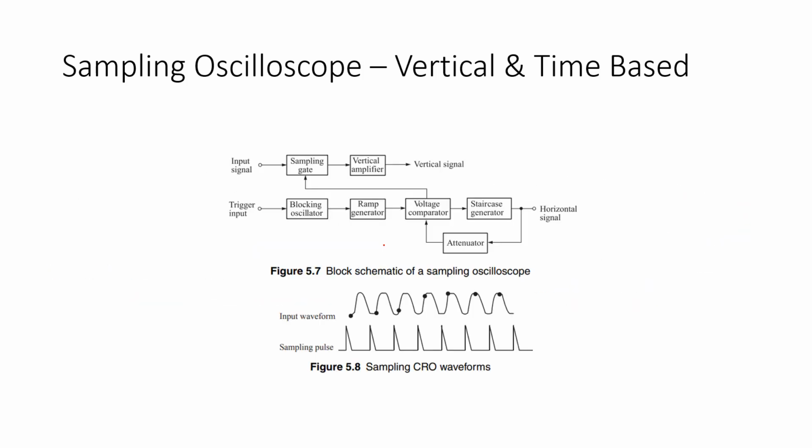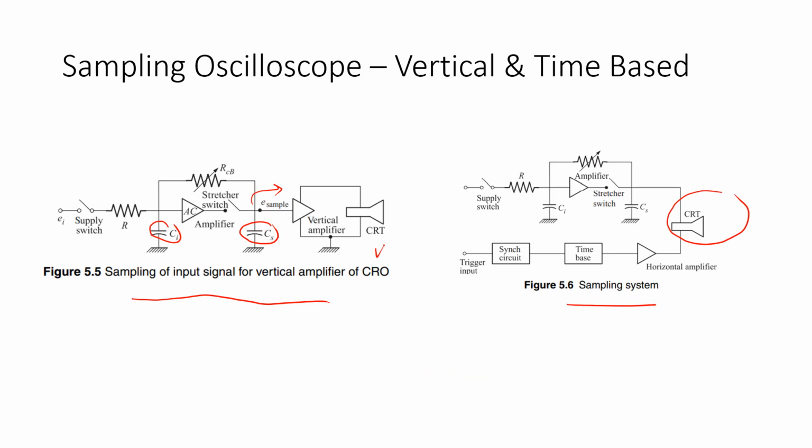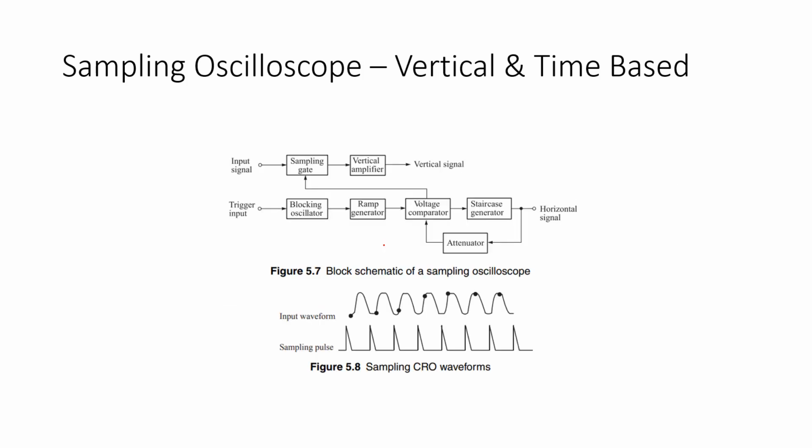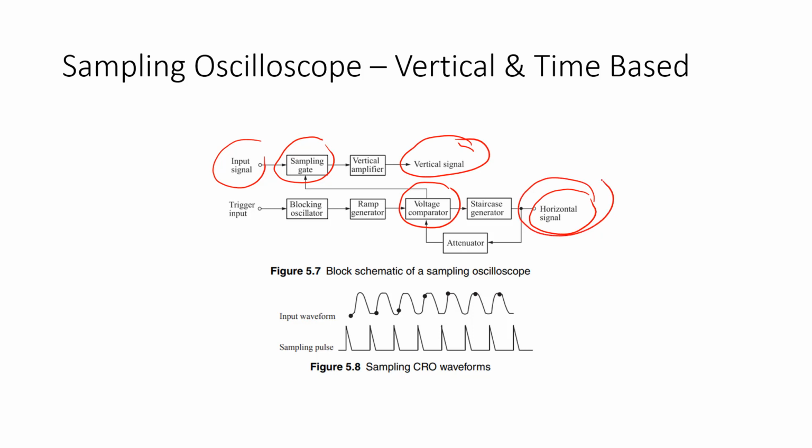If we combine the sampling circuit in the vertical amplifier and also the horizontal amplifier, it will be like this one. We have the input signal here, and this is the sampling gate, and this is for the horizontal amplifier using a similar sampling gate and voltage comparator. Then we get the vertical signal and the horizontal signal. For example, this is the input waveform, and this is the sampling pulse.